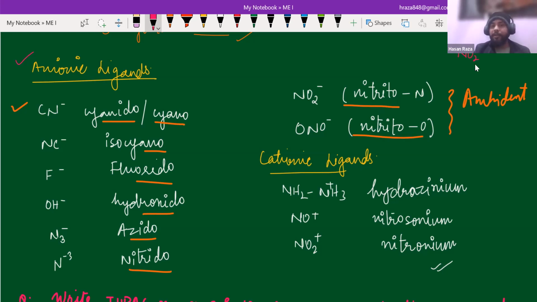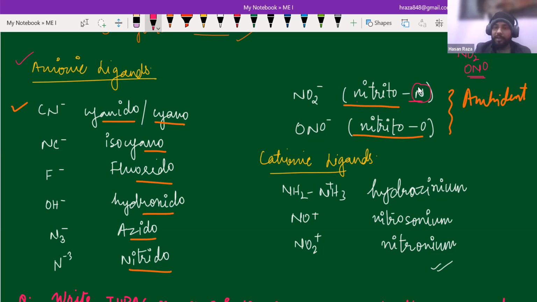And if O is linked to the central metal atom, then it will be written like this. So you need to write the name nitrito-N, which represents that N is making the coordinate bond with the central metal atom.